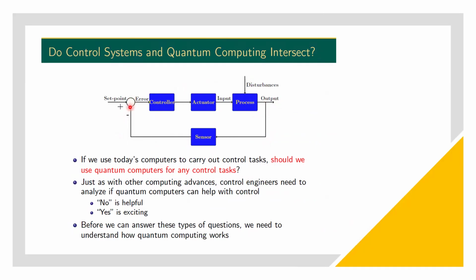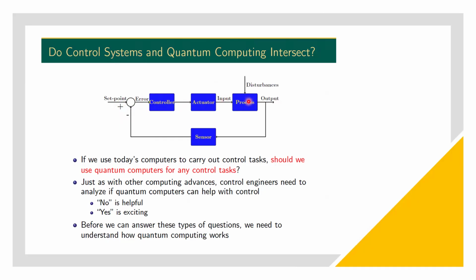Here we have the set point for the system, which is the value that we want the output to take. Then there's this error, which is the difference between the set point and the measured value of the output. Then there is the controller here, which executes some type of algorithm, and then it tells the actuator what to do.